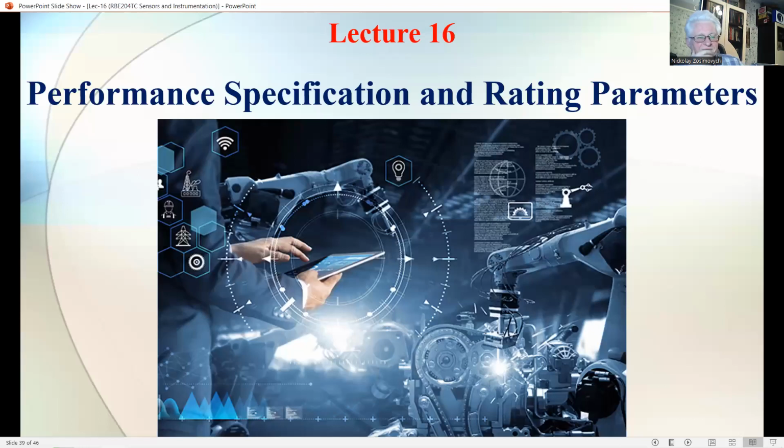And now we will be starting a new topic of the lecture, performance specification and rating parameters. You know, an engineering system consists of an integration of several components, such as sensors, transducers, signal conditioning and modification devices, controllers, and a variety of other electronic and digital hardware.